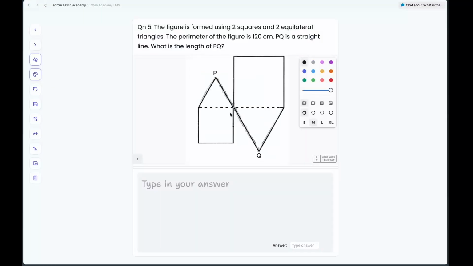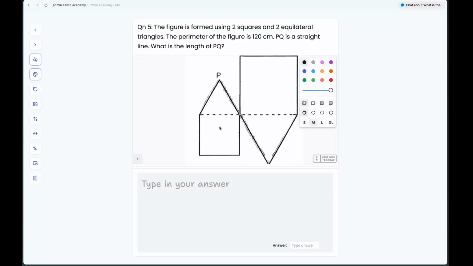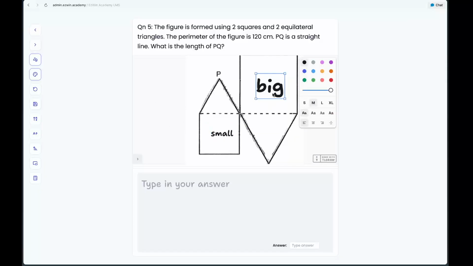So, if you were to zoom this in, let's call these two figures small and big, like a small house and a big house. So for the small house over here, since this is a square, that means all of the sides are the same.